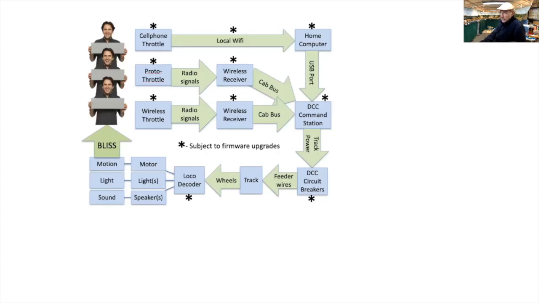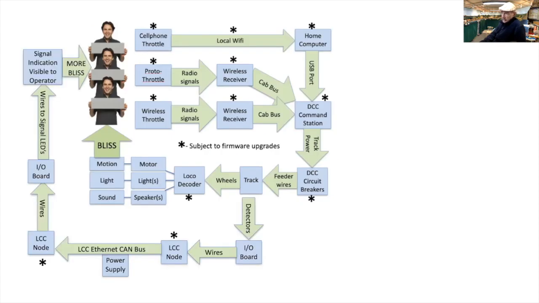If we add signals to the mix, we have detectors in the track which go to the I/O boards. The I/O stands for input output, through wires to the LCC node. The LCC node then sends commands over the CAN bus, which is powered by the power supply, to a different LCC node, to another I/O board that lights the LED signals.